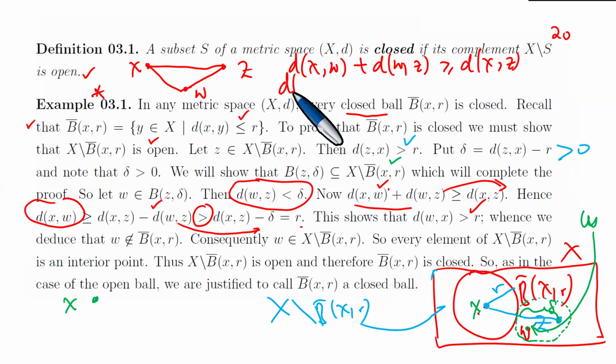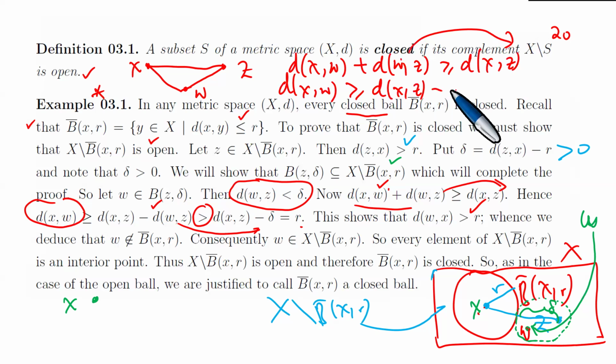So if we want to make the distance between X and W the subject of the inequality, we agree it will be the distance between X and Z, and we move this one to the other side, making it minus the distance between W and Z. Right?